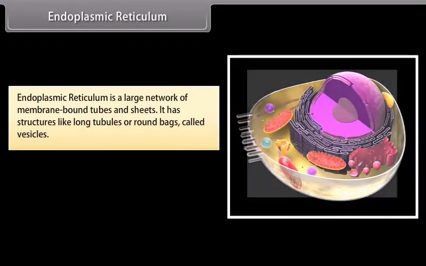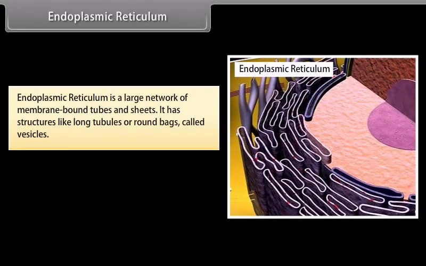Endoplasmic reticulum. Endoplasmic reticulum is a large network of membrane-bound tubes and sheets. It has structures like long tubules or round bags called vesicles. On the basis of presence of ribosomes, they are of two types: rough endoplasmic reticulum (RER) and smooth endoplasmic reticulum (SER).